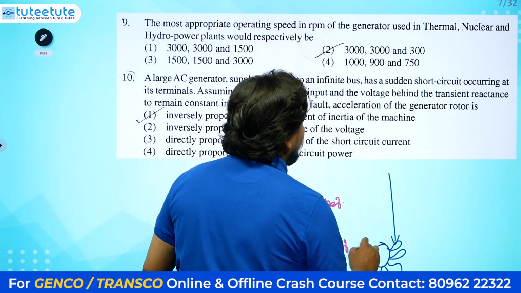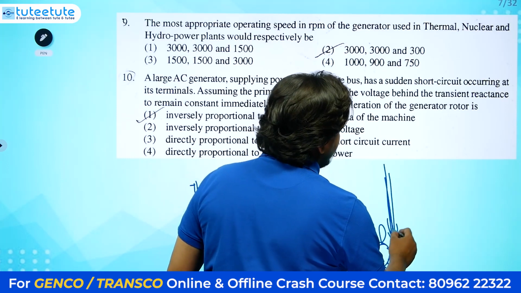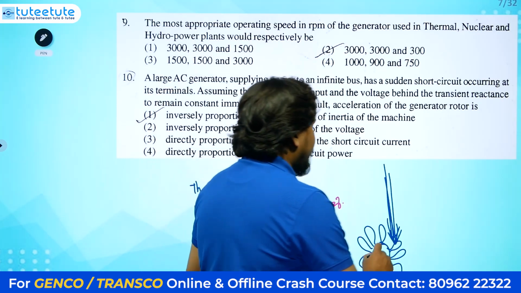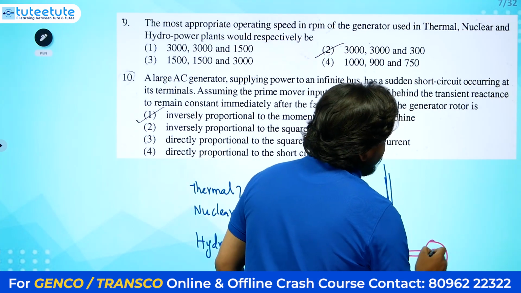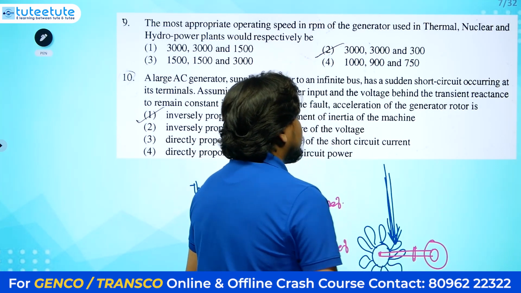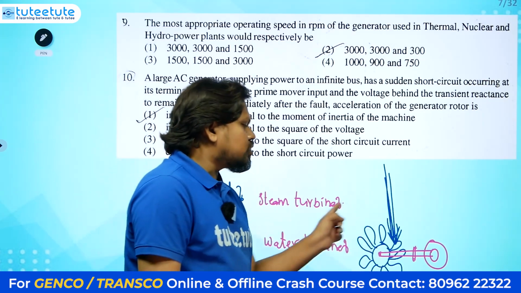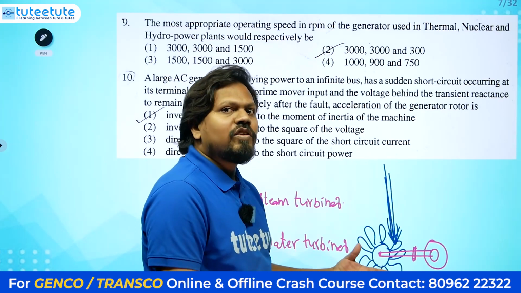If these are the buckets, the water has to hit these buckets and the turbine has to rotate. The turbine shaft and generator shaft are connected like this with a coupling between the two. Remember one thing, if this turbine is rotating at high speed, whatever water is coming will be wasted more.